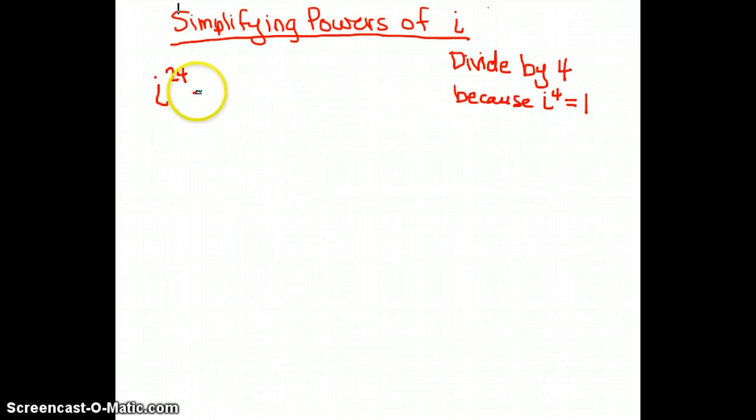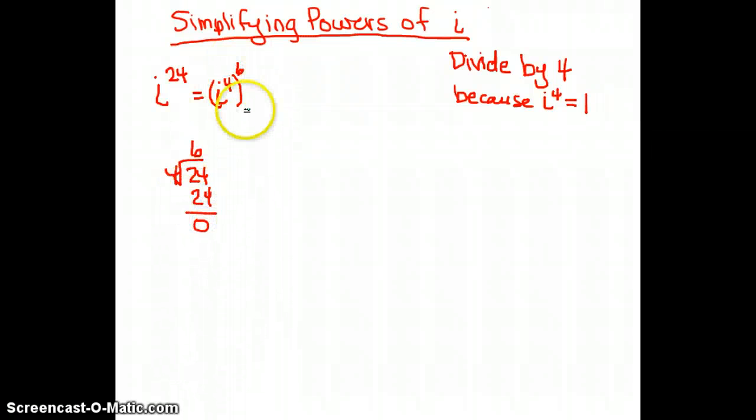So when I look at this first one, I say, okay, i to the 24th. What is 24 divided by 4? And I can do my math if I don't remember that. 24 divided by 4, and I figure out, oh, that's 6. And when I do that, there are no remainders, so there's nothing else I need to do. And as I wrote over here, i to the 4th is just 1.